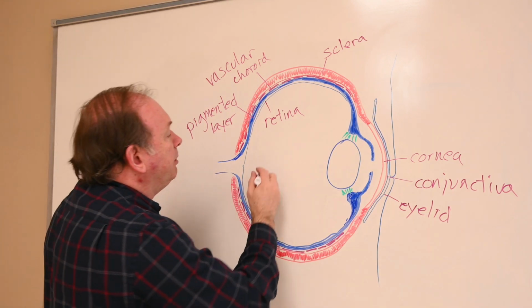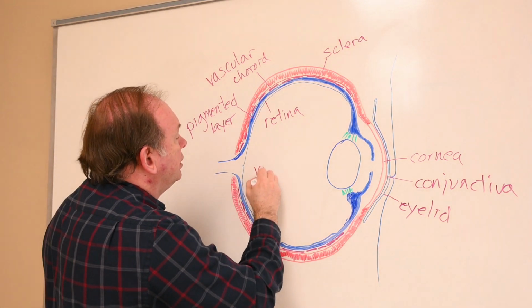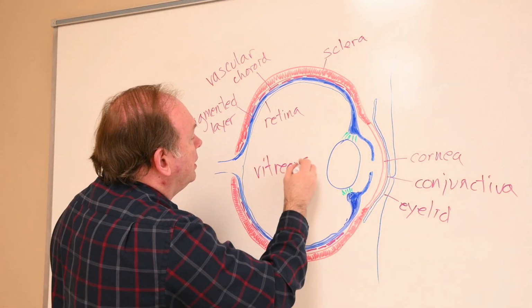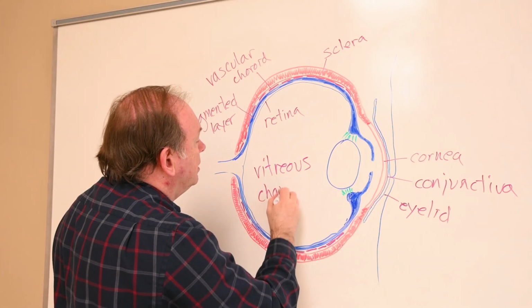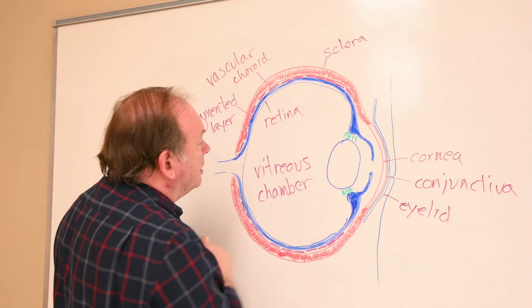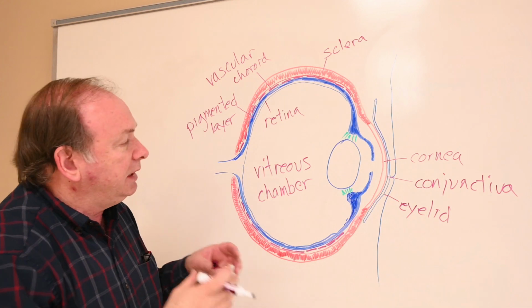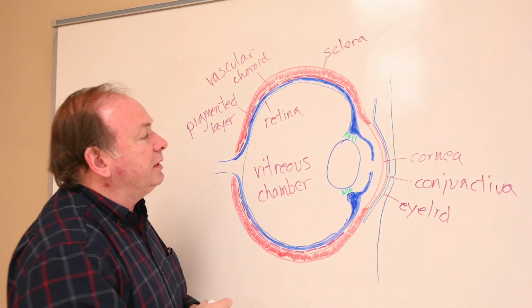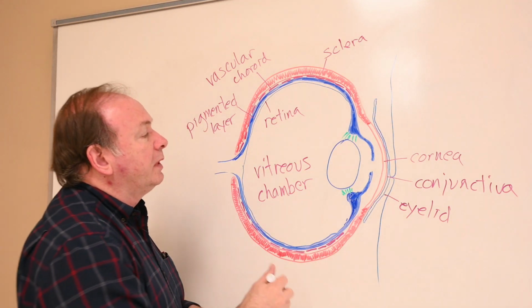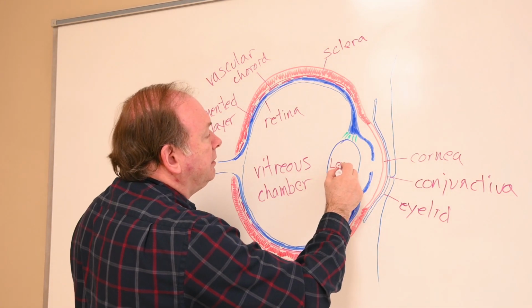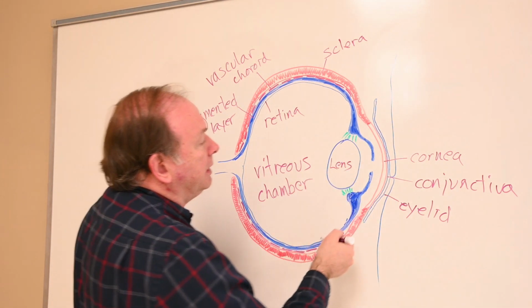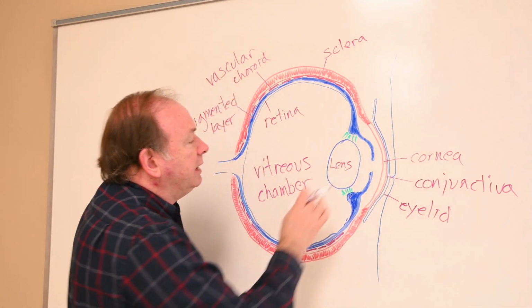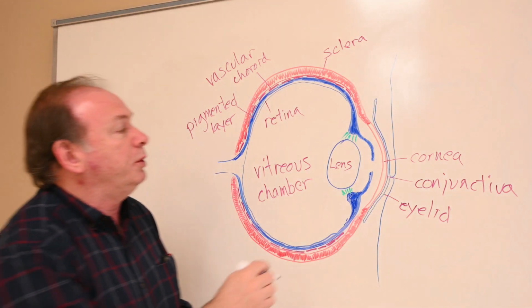This space in here becomes the vitreous chamber, occupied by that jelly-like clear fluid, the vitreous humor. Our lens is here. We know where that came from. In front of the lens is a region of aqueous humor.